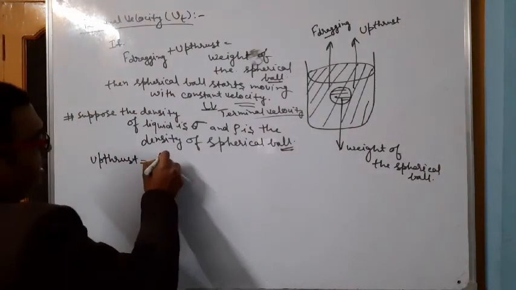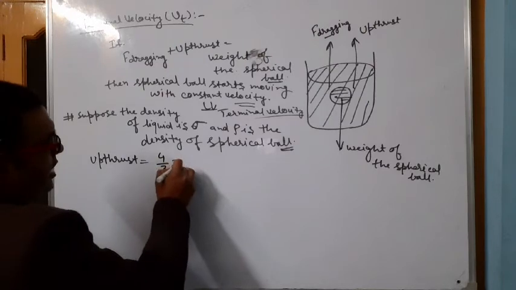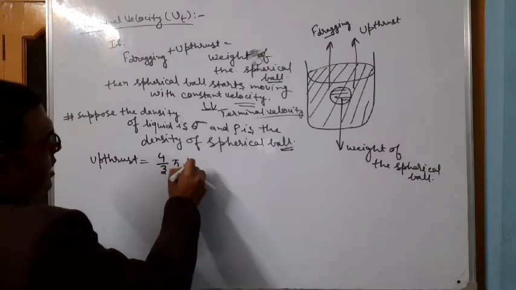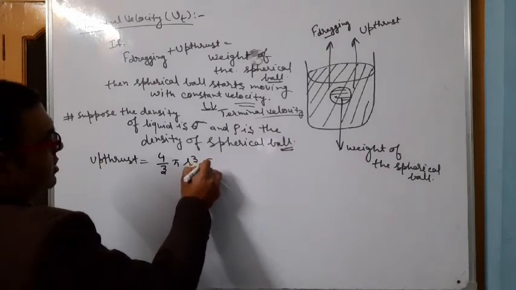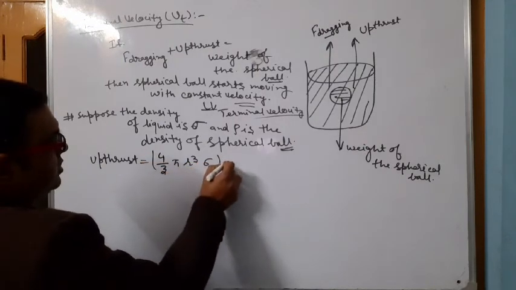So it can be given as 4 by 3 pi r cube, this is the volume, into density of the liquid sigma into g.